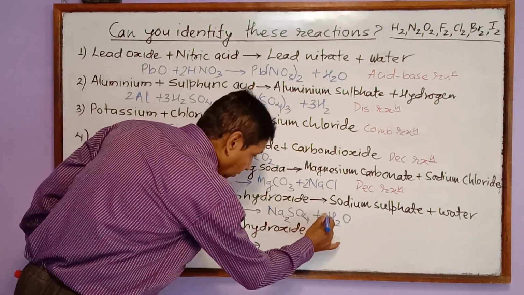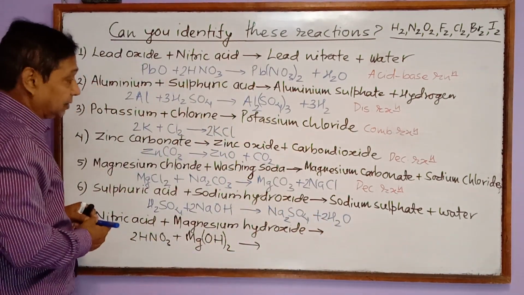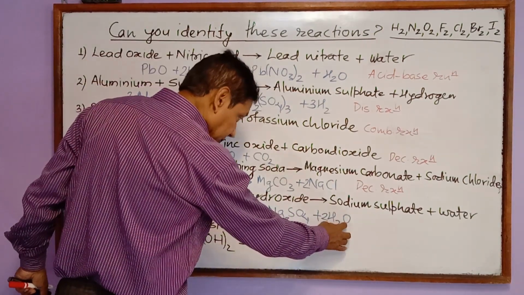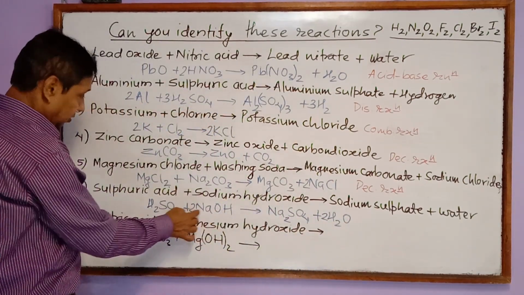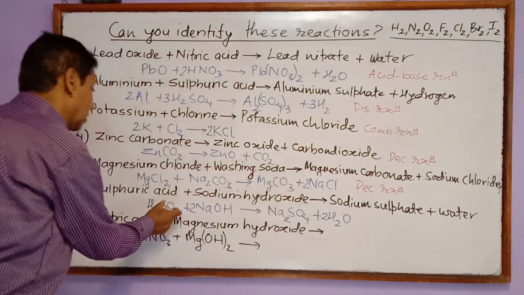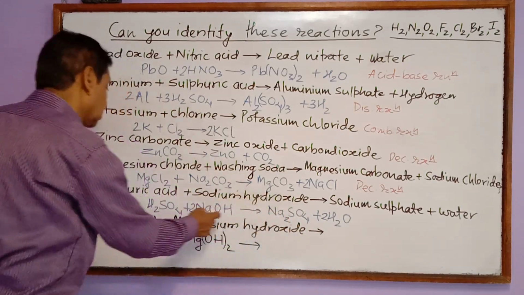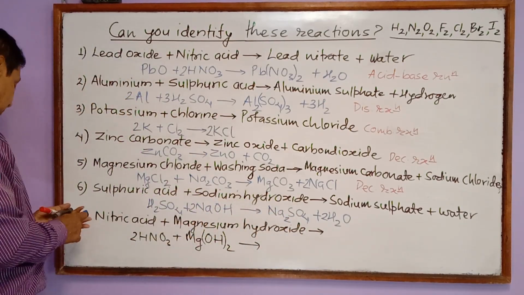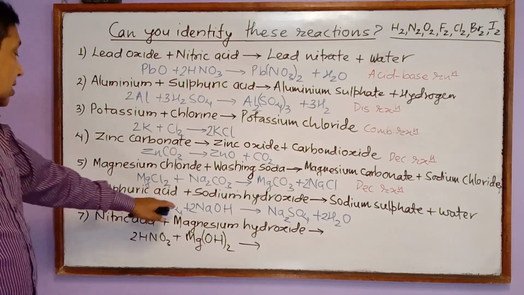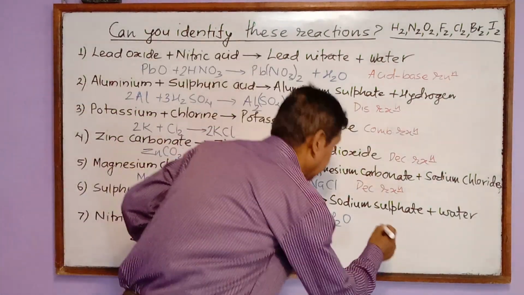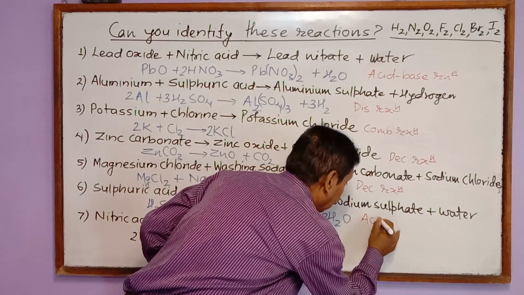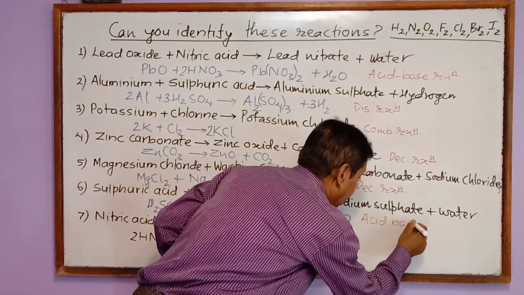That's why we have to write 2 here. It's balanced, but what about oxygen? Oxygen 2, oxygen 2, okay. Sulfate 1, sulfate 1, sodium 2, sodium 2. This is a balanced equation. And as I told you, this is an acid-base reaction.